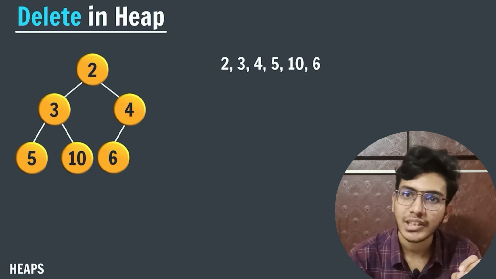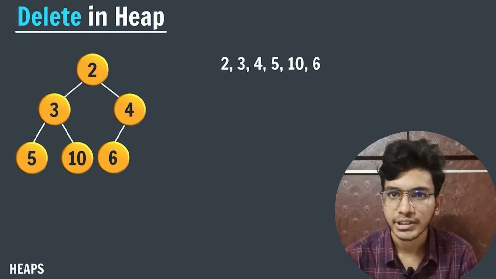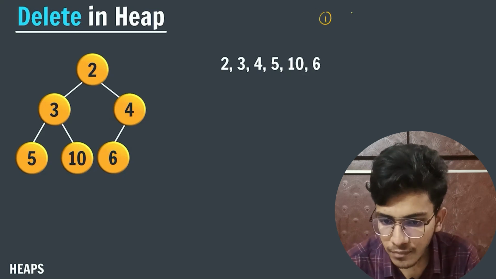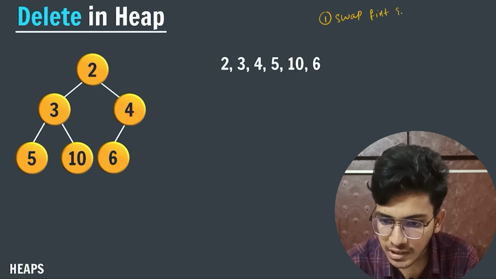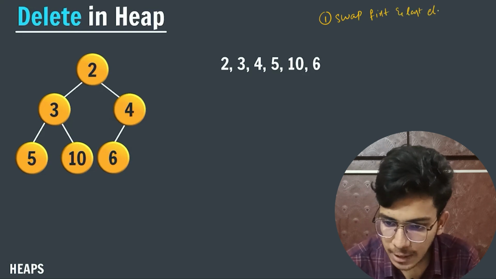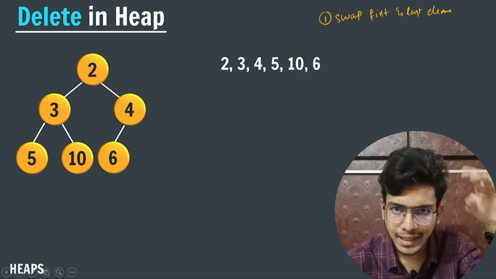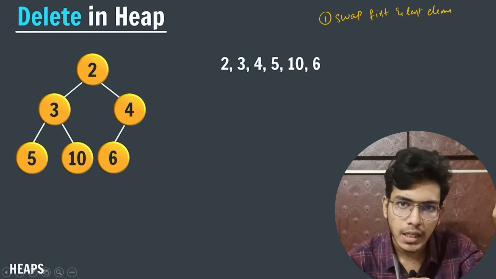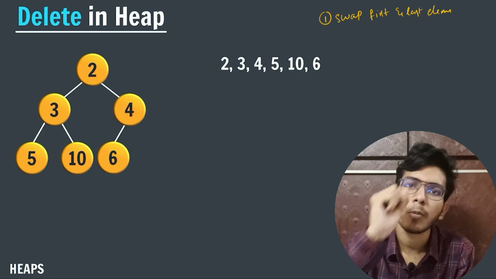Similarly, deleting a particular element in my heap is a three-step process. The first step is to swap the first and last element. Take the root element and the last element, and swap both of them.